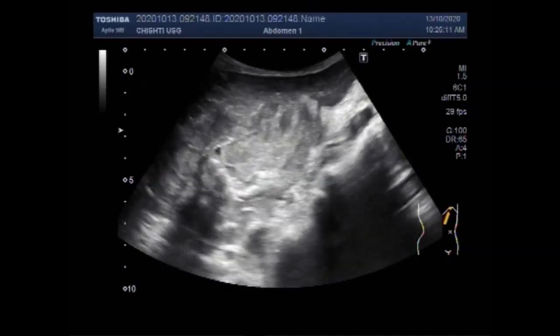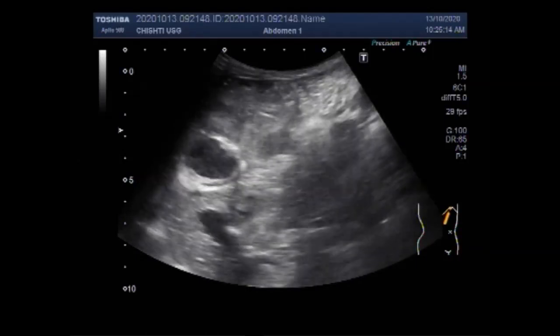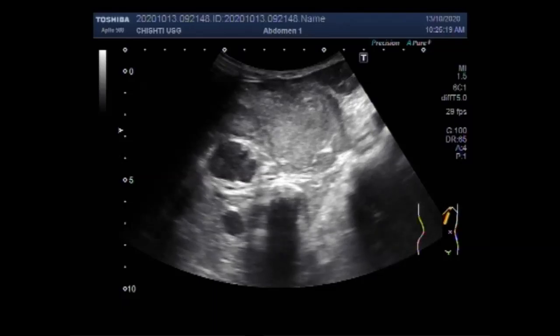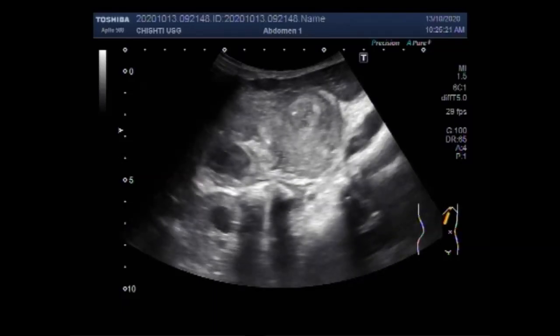Now you can see the mass, and a mass is seen in the porta hepatis. It may be a large lymph node.